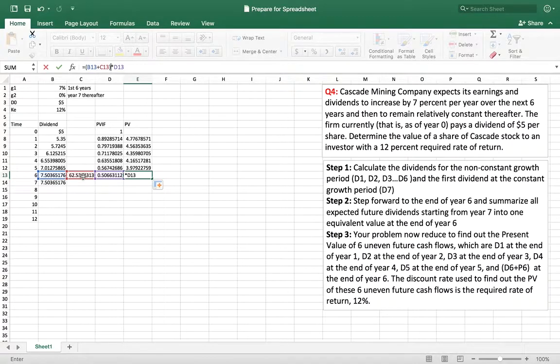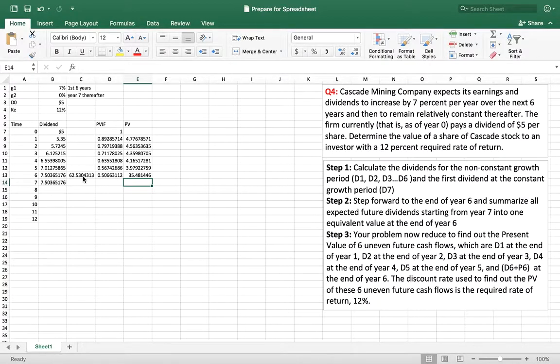The revision is completed, so I press enter.